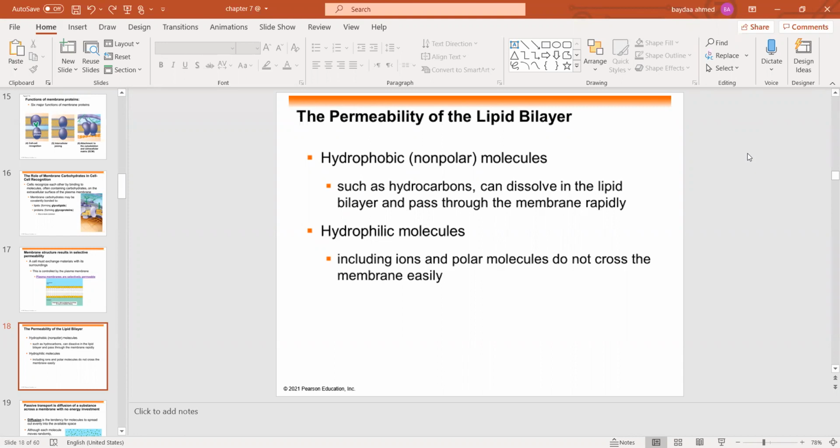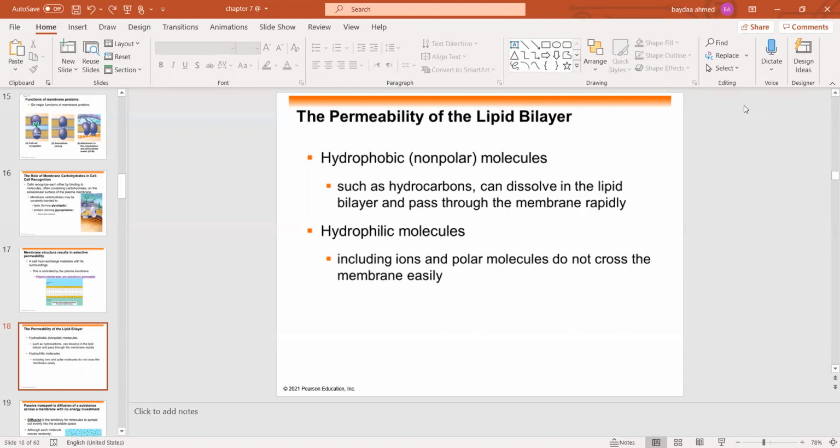They can all, therefore, dissolve in the lipid bilayer of the membrane and cross it easily without the aid of membrane proteins. However, the hydrophobic interior of the plasma membrane impedes direct passage of ions and polar molecules, which are hydrophilic. Polar molecules don't cross as rapidly as nonpolar molecules.